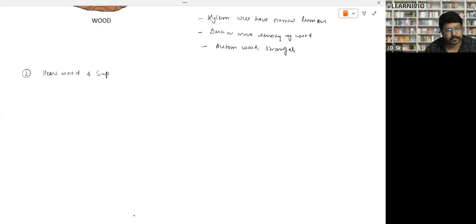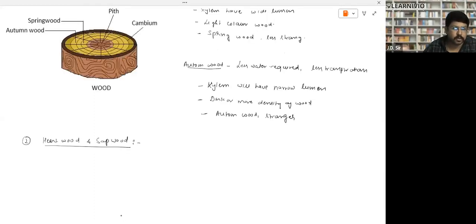Look, this primary xylem, this part, is basically hardwood. Hard, because this is a stronger one. Why? Because this is completely dead due to deposition of tannin and all that. It is darker in color.